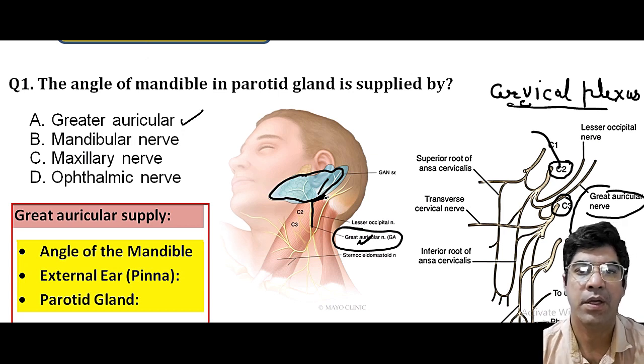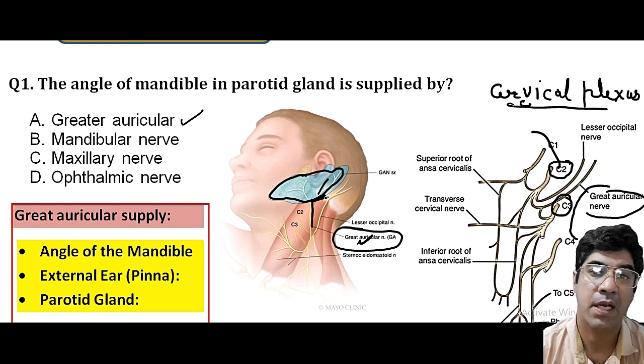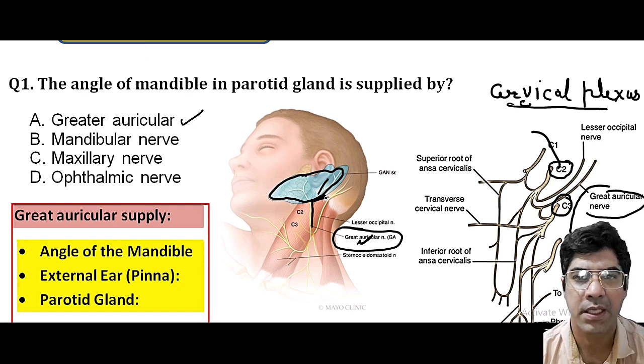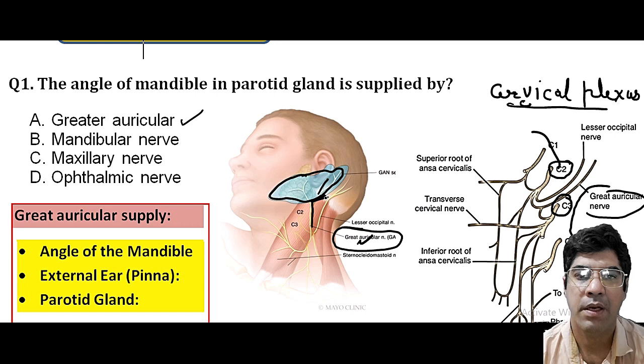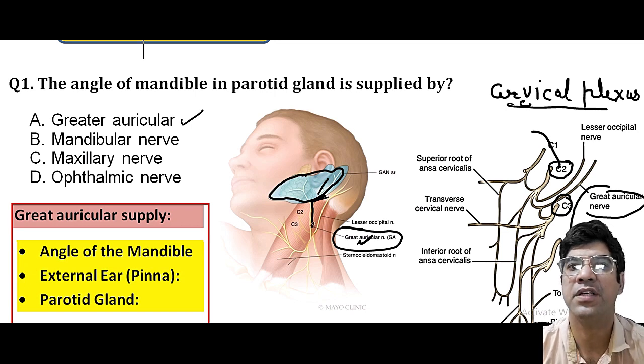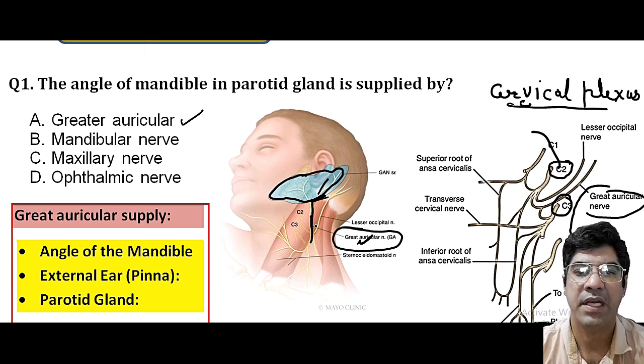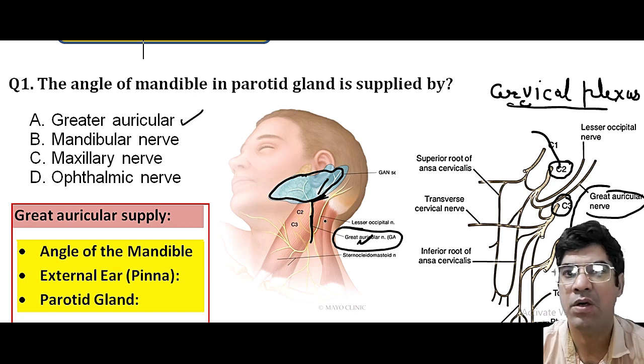So the great auricular nerve originates from the cervical plexus, from the ventral rami of the cervical spinal nerves, that is C2 and C3.